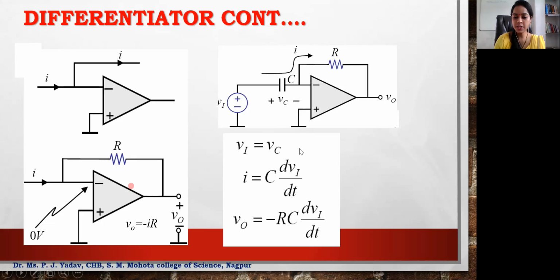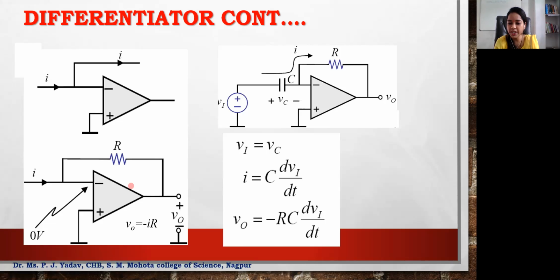Is it okay? So this is I equal to C dVi by dt. This is the input current. So what will be the output voltage? This is what we are concerned with. So the output voltage will be equal to minus RC. This is the equation, minus RC. This is the constant because the values of R and C are going to be constant.